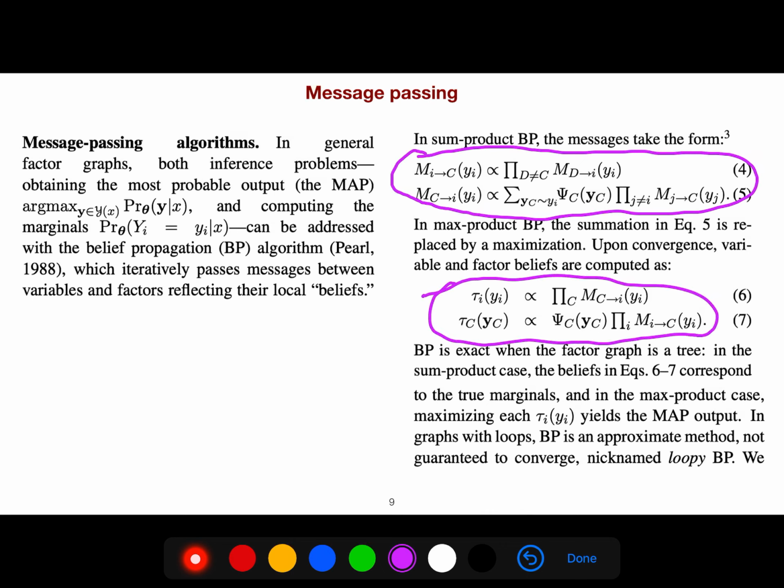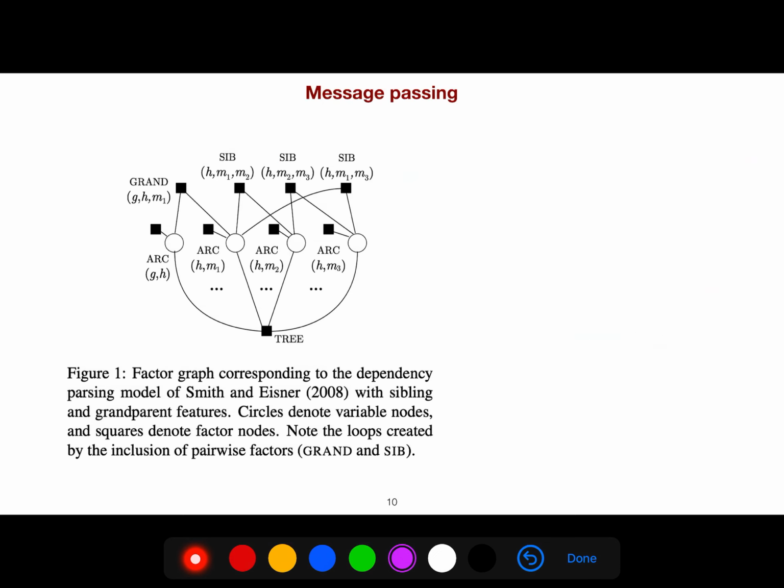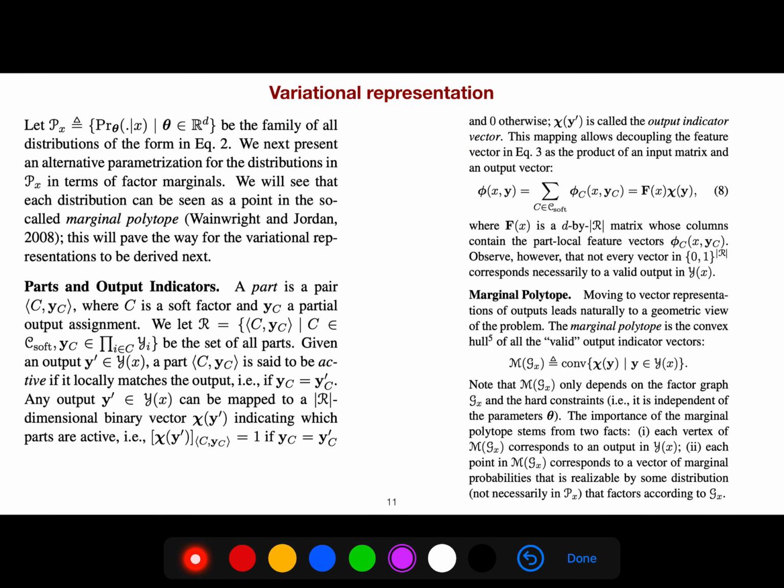We need these belief variables to calculate the probabilities that we need, the probabilities of assignments. And this is the message passing. This is a hard constraint that you have seen in that video that I explained. And here we are using the variational representation of that.